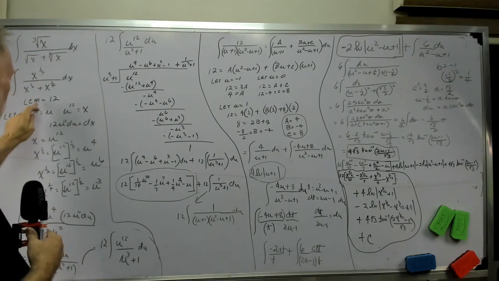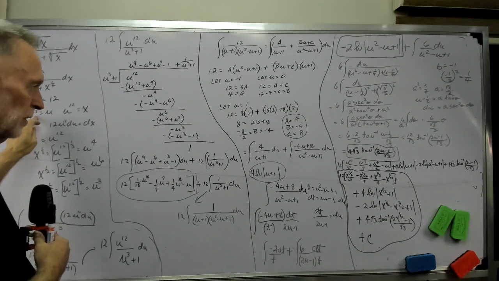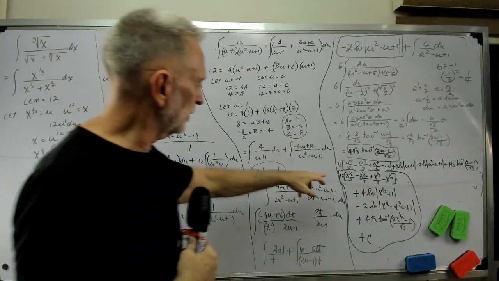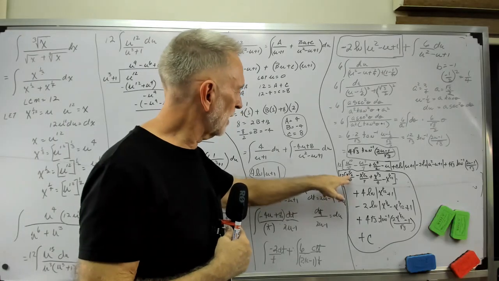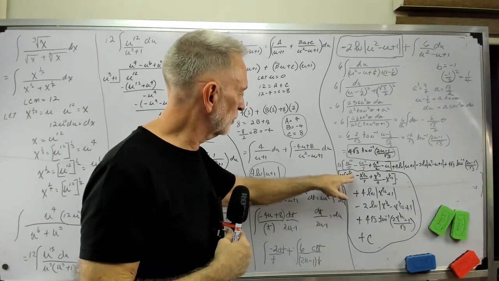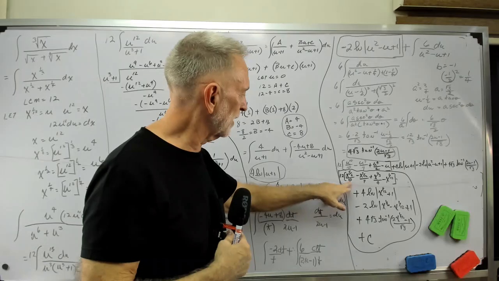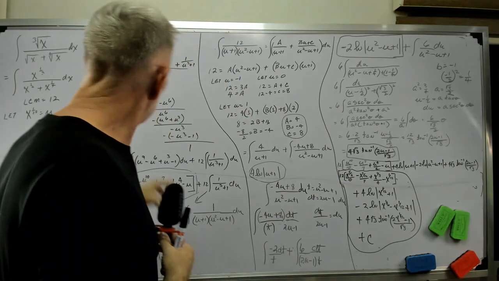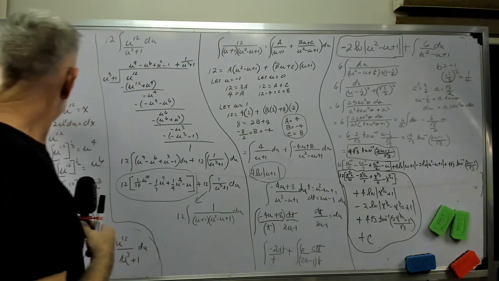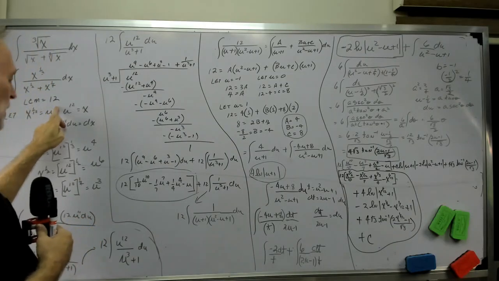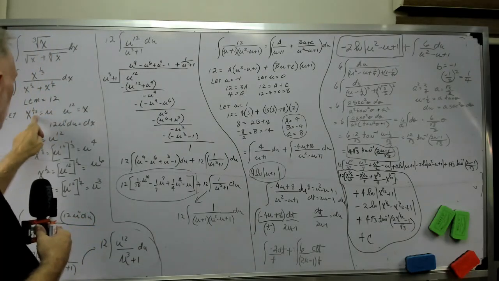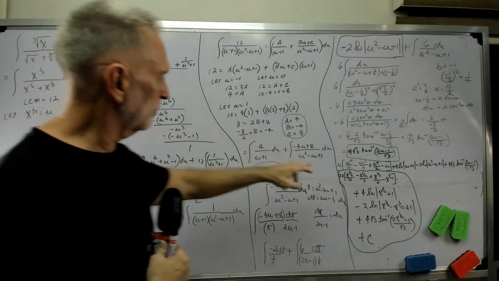So I have x to the 10 over 12, which would be 5 over 6. So 12 times x raised to the 5 over 6 power divided by 10. Now u to the 7th. If I raise this to the 7th power, that's x to the 7 over 12.